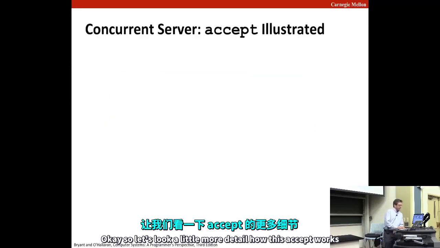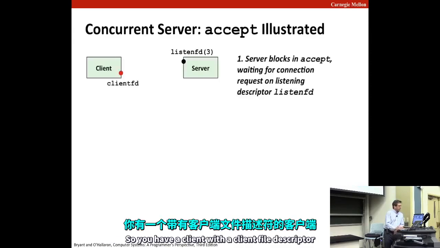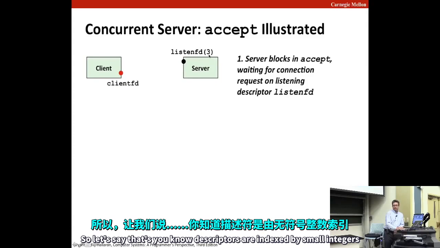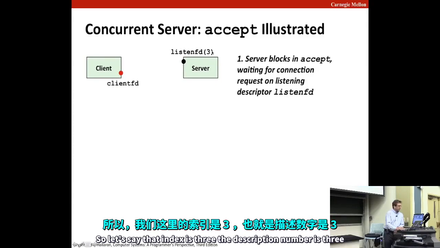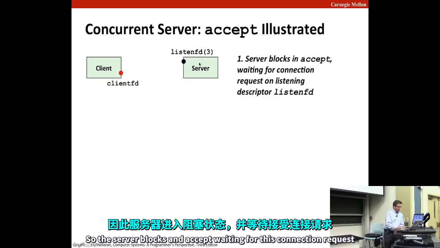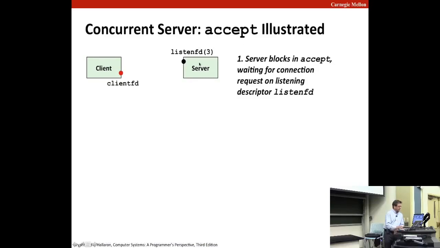Okay, so let's look in a little more detail at how this accept works. So you have a client with a client file descriptor, and then you have a server that creates a listening descriptor. Descriptors are indexed by small integers, so let's say that index is 3. The descriptor number is 3. So the server blocks in accept, waiting for this connection request.